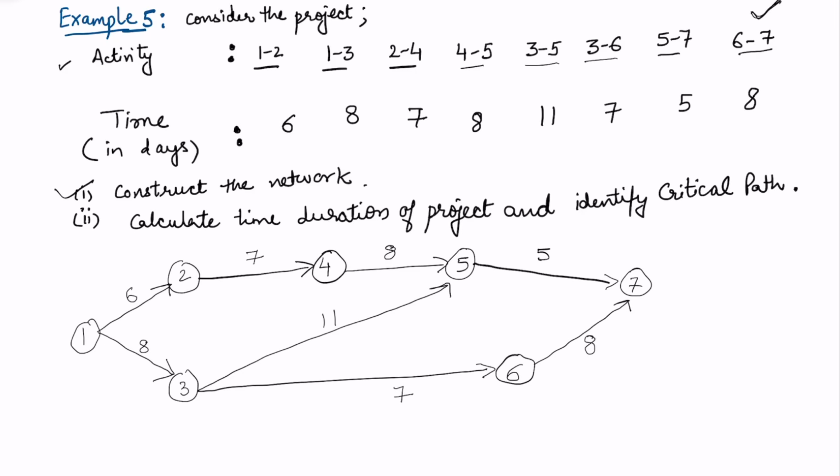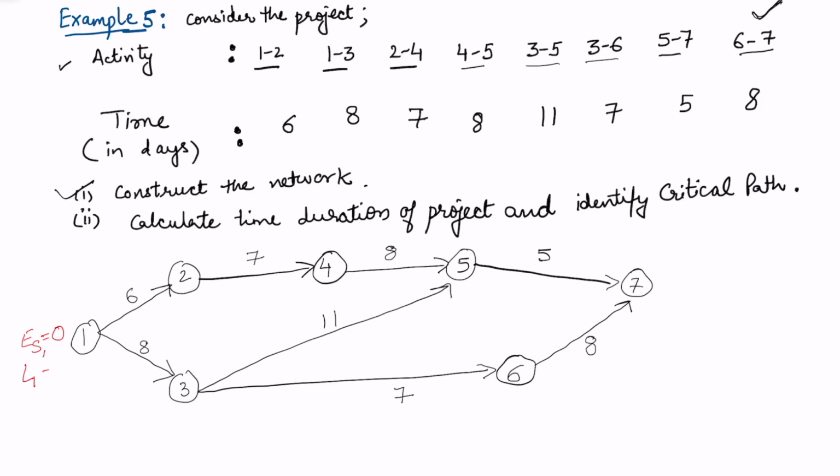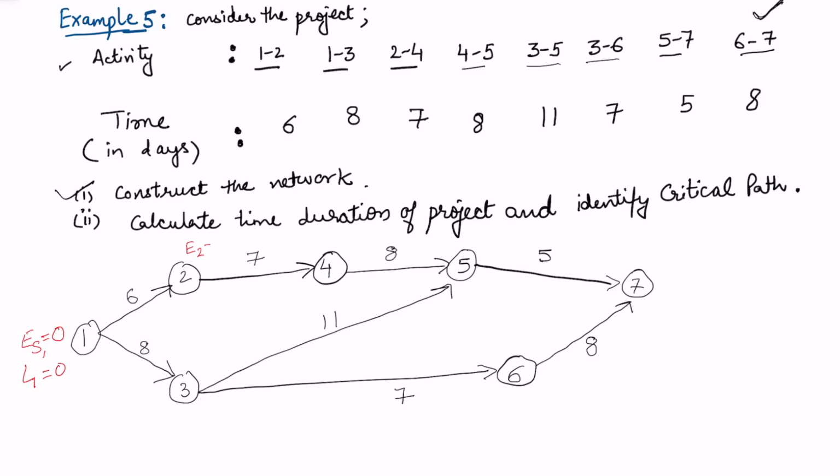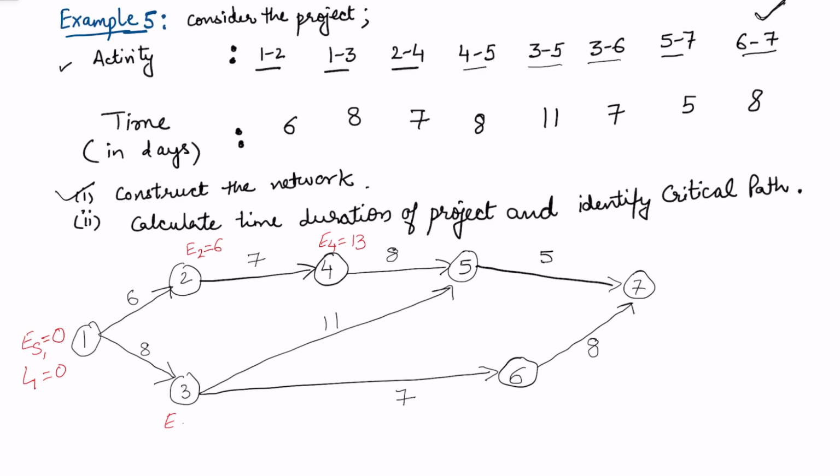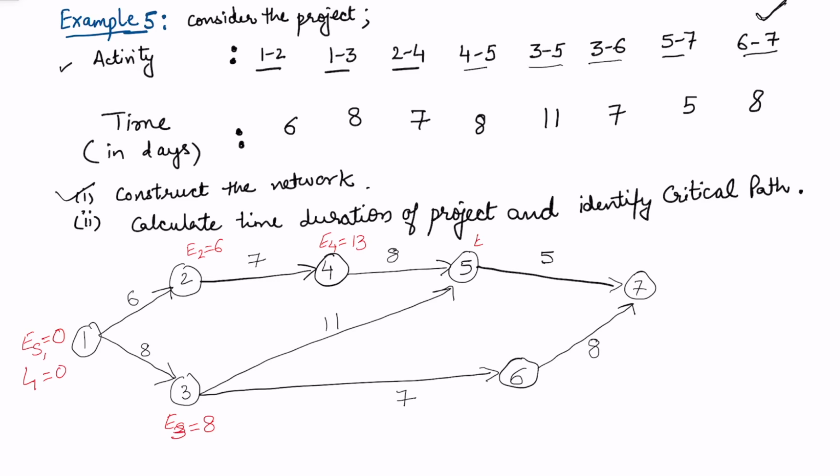Now let's quickly calculate the time duration of the project. Earliest of the first node is 0. Latest of the first node is 0. Earliest of the second node, 0 plus 6, is 6. Then I can calculate earliest of the fourth node, 6 plus 7, this is 13. Earliest of the third node is 8. Then earliest of the fifth node.